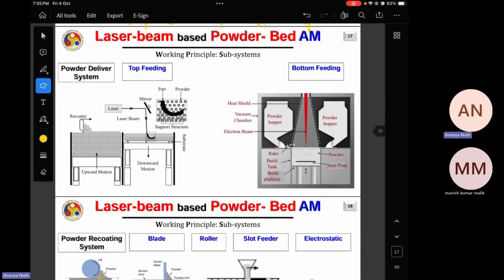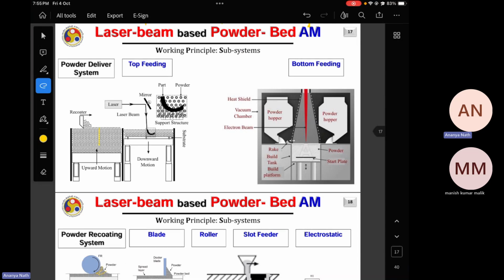So now powder delivery. As I have said, powder delivery can be in two ways. One is top feeding, one is bottom feeding. Top feeding means this is the container.